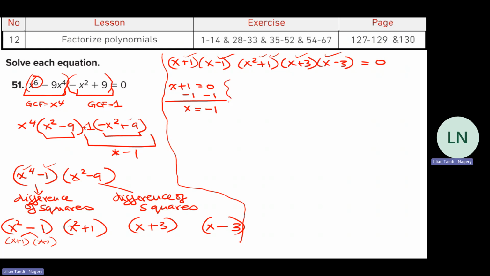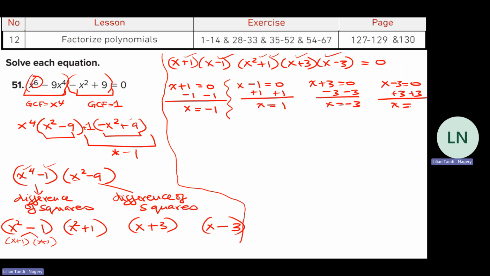Then you're going to do this one. x minus 1 equals 0, add 1, x equals 1. Then let's do this one. x plus 3 equals 0, minus 3, x equals negative 3. x minus 3 equals 0, plus 3, x equals 3.